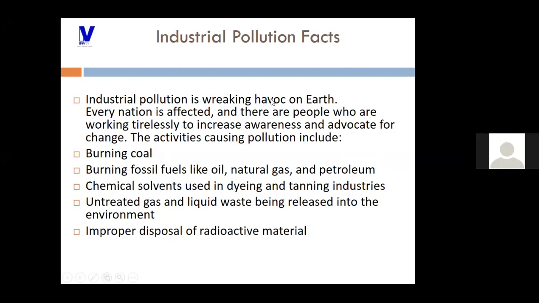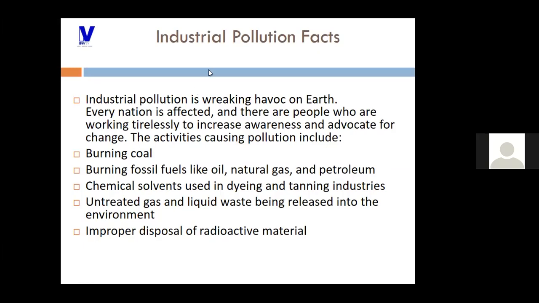Industrial pollution facts. As per the present industrial sectors, many of the industries are causing environmental pollution.